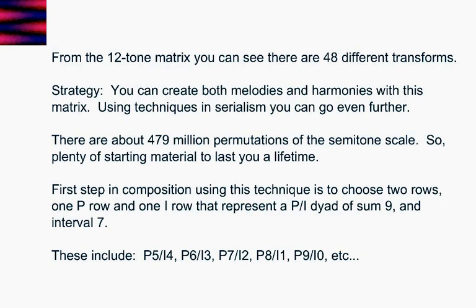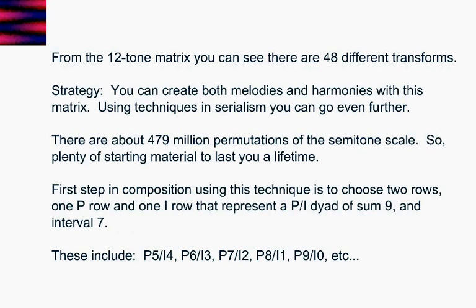Well, it turns out from that 12-tone matrix, you can actually create both melodies and harmonies, and it's really interesting to learn techniques in what's called serialism. You can go even further. In today's video, we're not going to touch on any real serious aspects of serialism, other than to say that essentially serialism takes a tonal row and performs even more operations on that particular row.